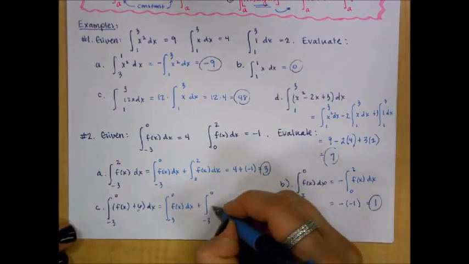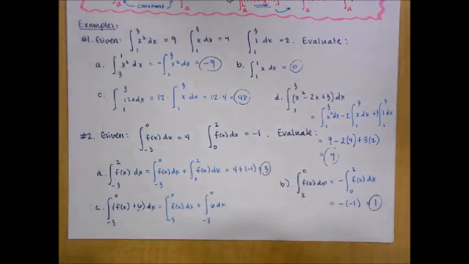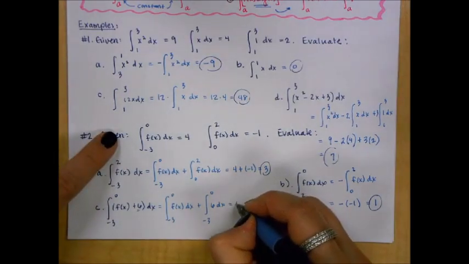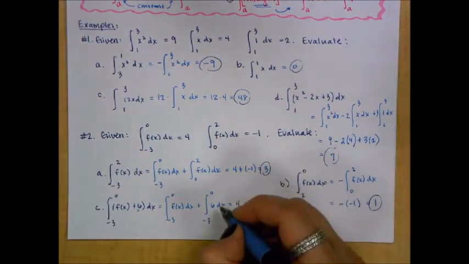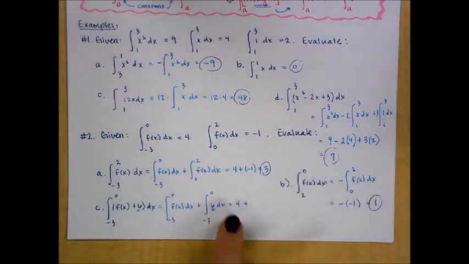Now, the first one has a value that I was given, which is 4. The second one is a constant, and we remember that as long as my function is non-negative, then my integral represents area. The area is always width times height.